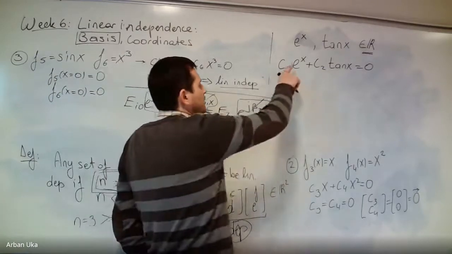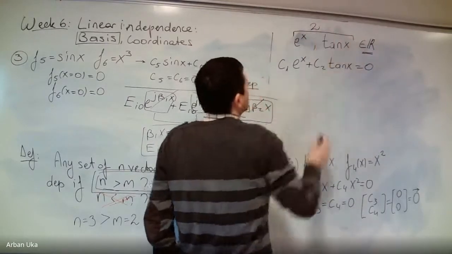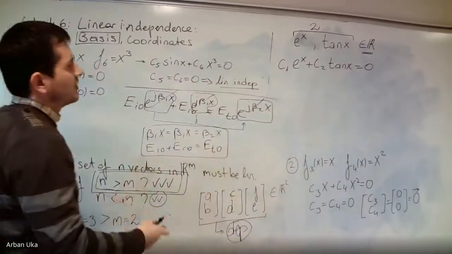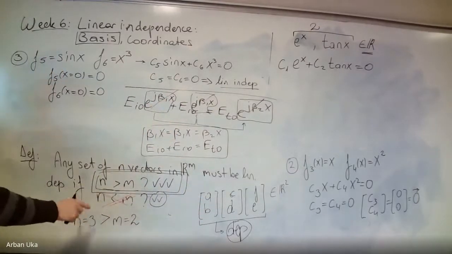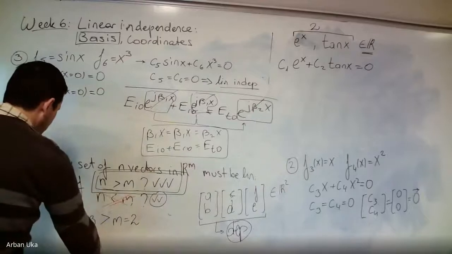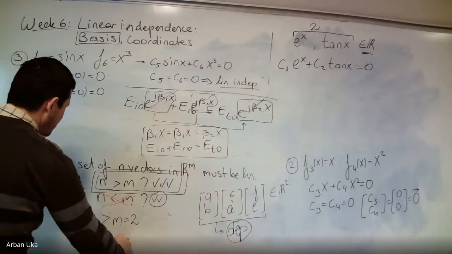So you are right, but this is not a vector. Here we have two functions in R1. So apparently our n is 2, and m is 1.